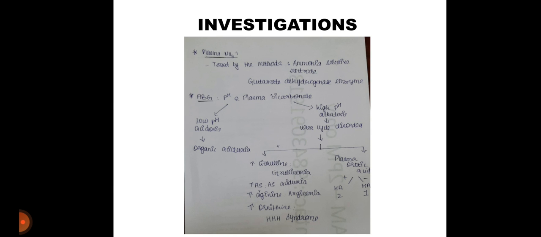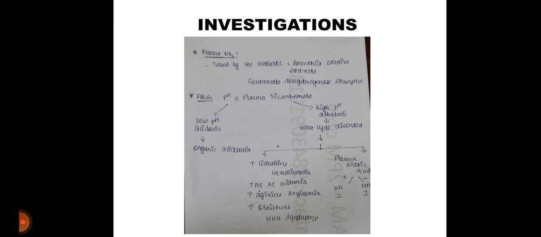Coming on to the investigations, first we'll be looking for the plasma ammonia. This is tested by two methods. One is by ammonia selective electrodes, and next is the enzymatic method, that is the glutamate dehydrogenase enzymatic method.